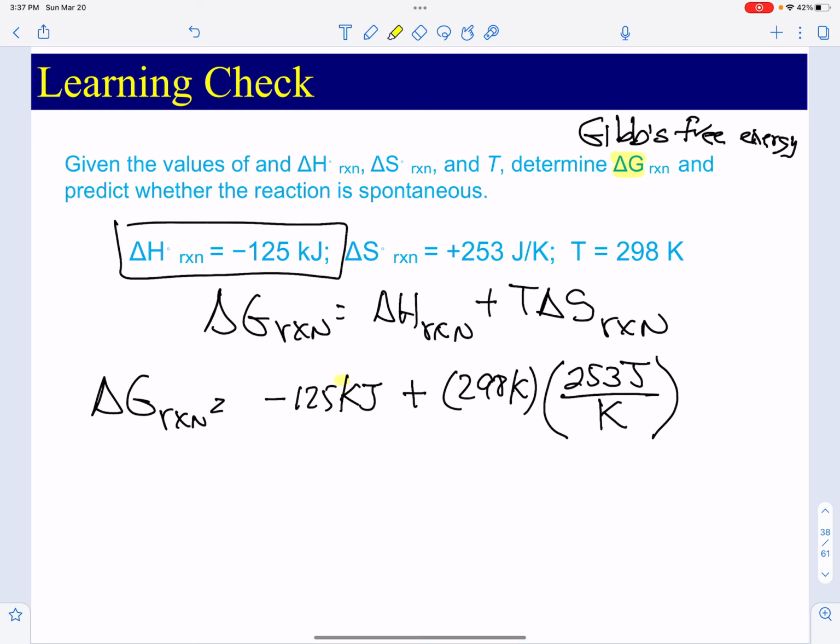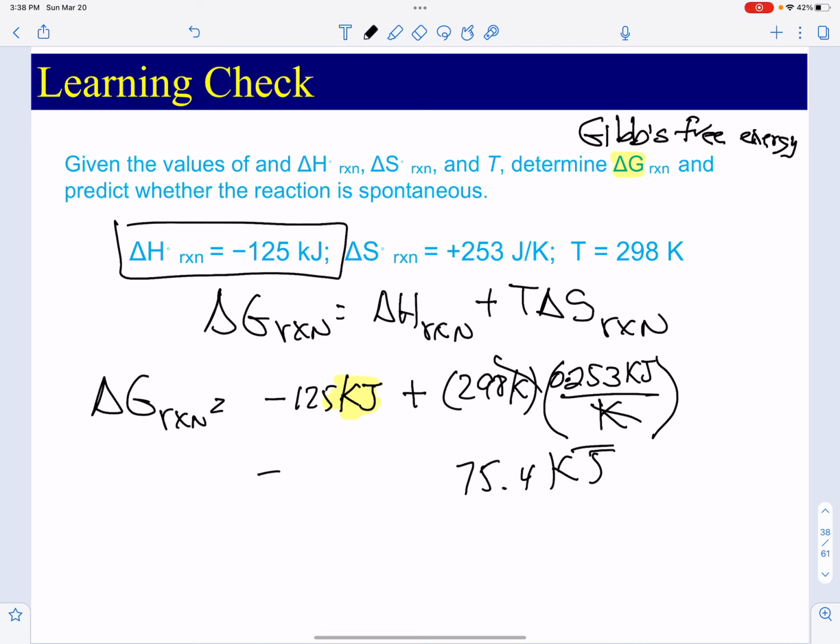Always write the units so you can see that you're not done yet. Those two have to match first. So this is going to be 0.253 kilojoules. And you already know how to do that from Chem 1. So when I do that, 298 times 0.253, that's going to equal 75.4 kilojoules.